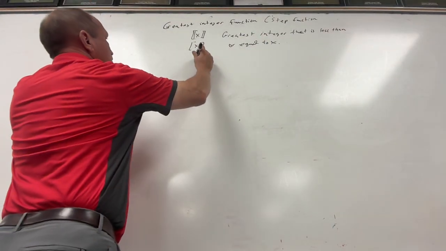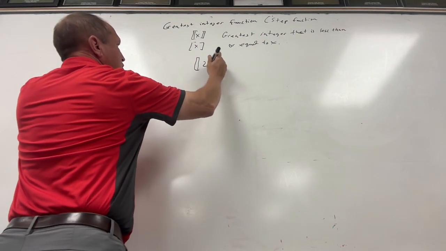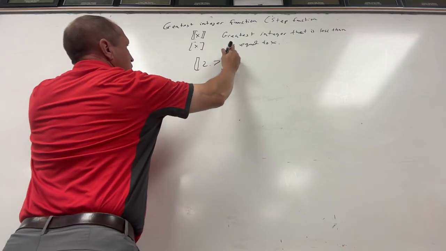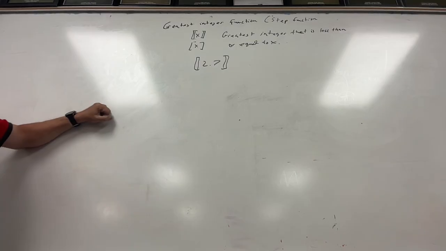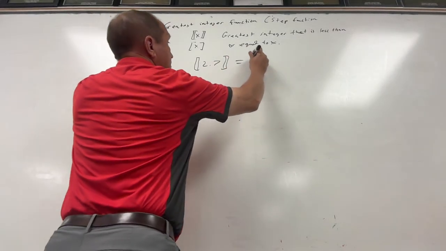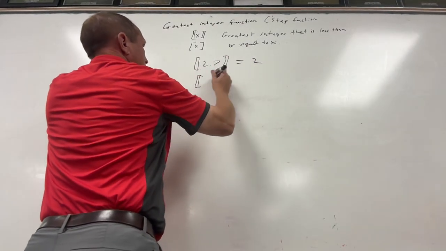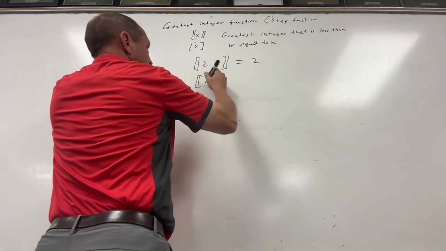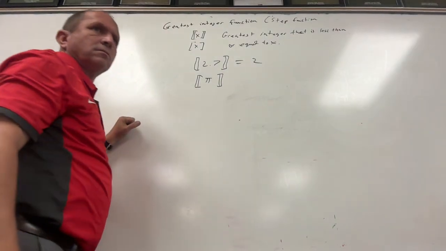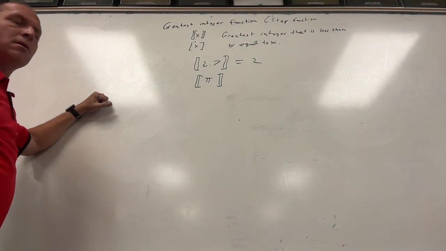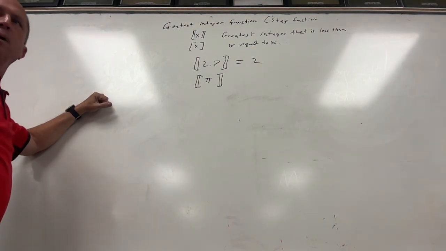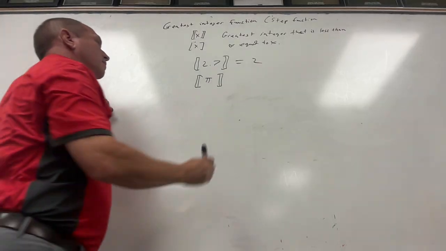So for 2.7, what would be the greatest integer that's less than or equal to 2.7? 2. For pi? 3.